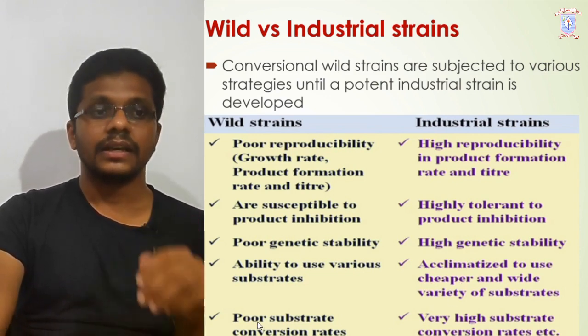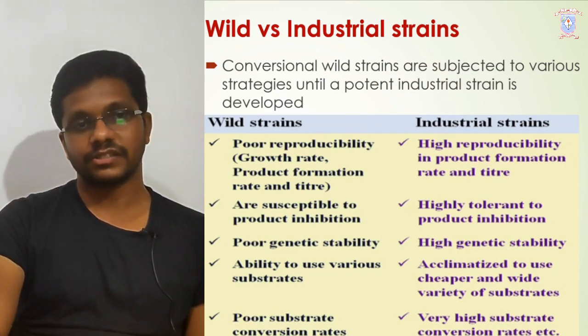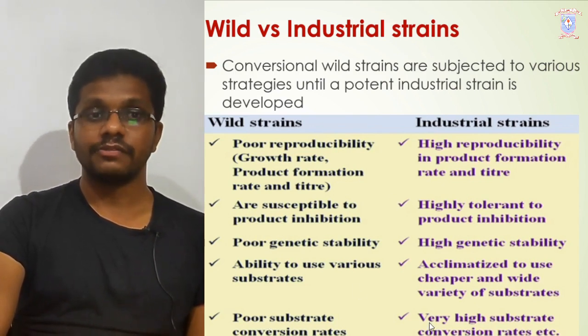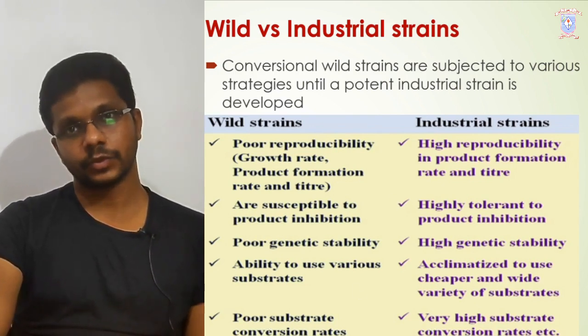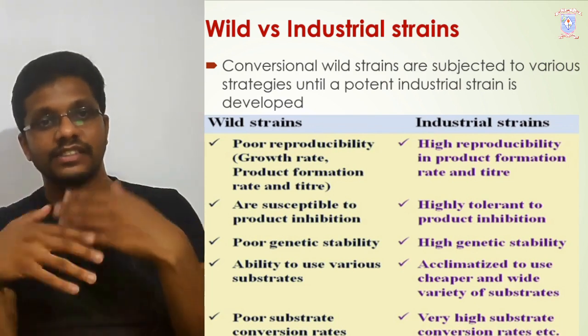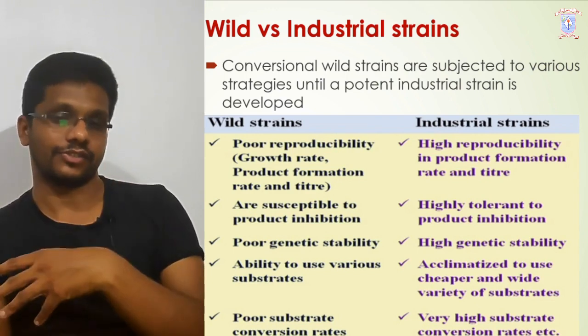And finally, for the wild strain, the substrate conversion rate is poor, basically the product formation rate is poor in wild strains. For an industrial strain, very high substrate conversion rate. So after isolating a wild organism, we will use various strategies to improve its characteristics to make it an industrial strain.